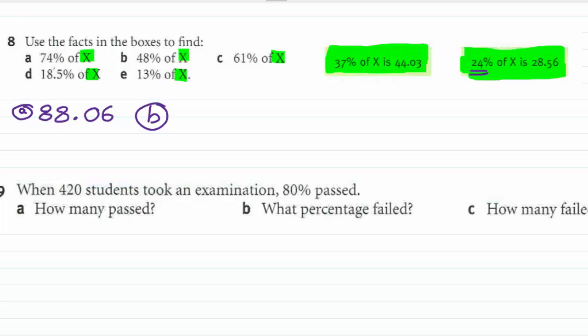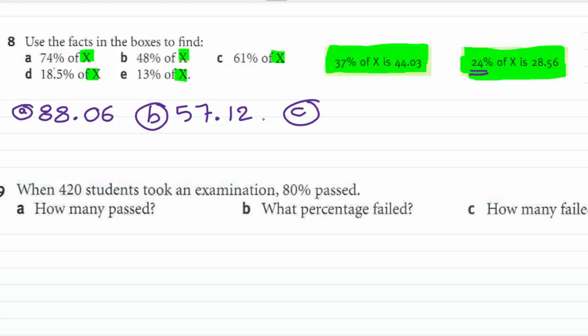It gives you 48% of x, which is 57.12. It's not necessary to find the value of x because we have 2 facts and we are using the facts to work out the percentage. Part C, 61. How can we get 61 using 37 and 24?